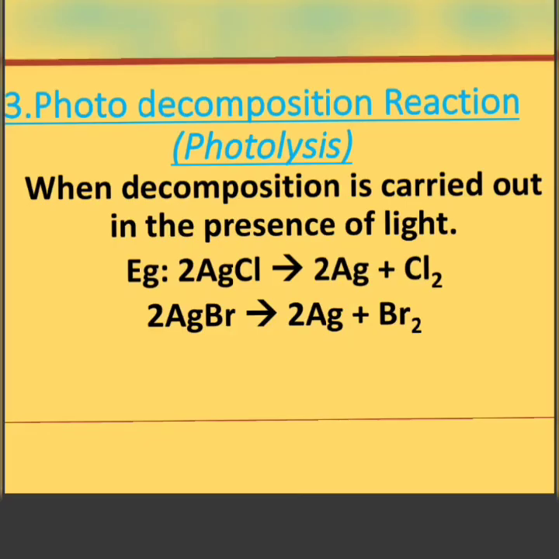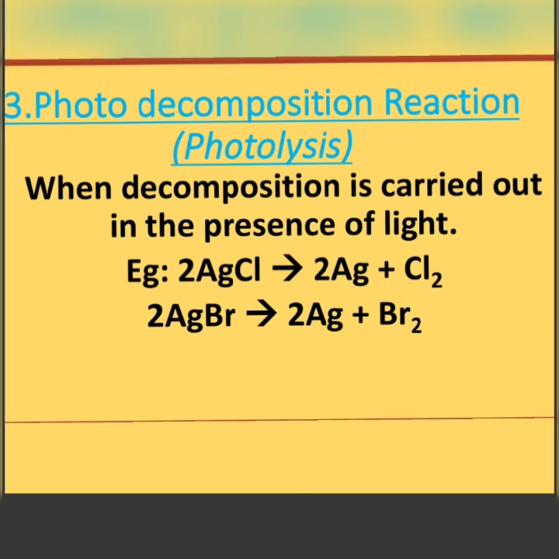Then the last type of decomposition reaction is photodecomposition reaction, which is also known as photolysis. In this decomposition reaction, there is presence of light. This reaction is carried out in the presence of light. I have given two examples here. AgCl, that means silver chloride. In the presence of light, sunlight can be used.